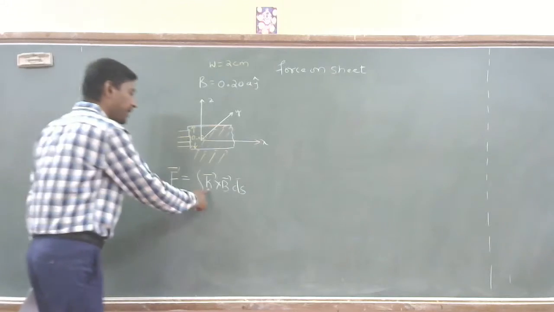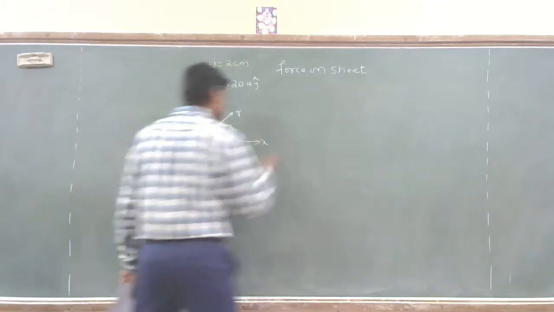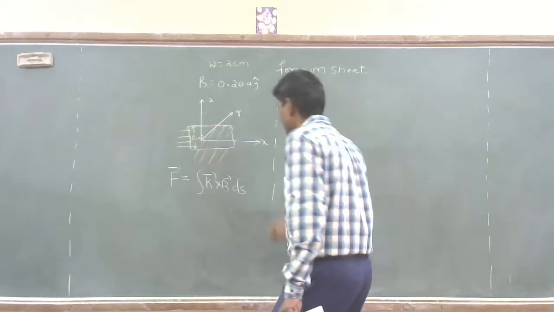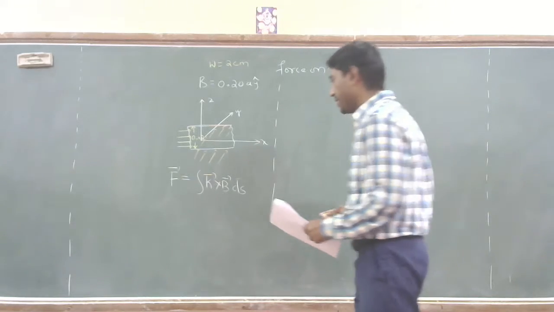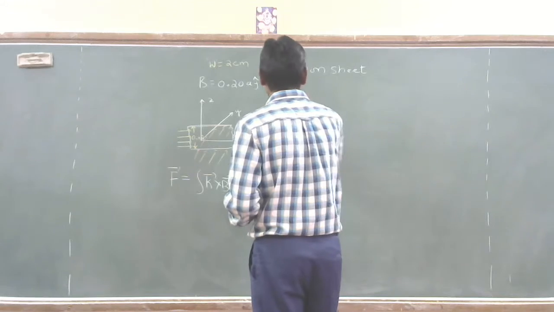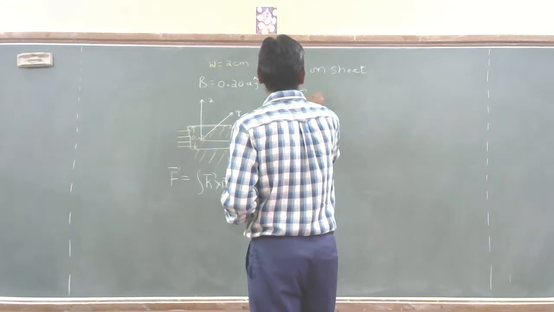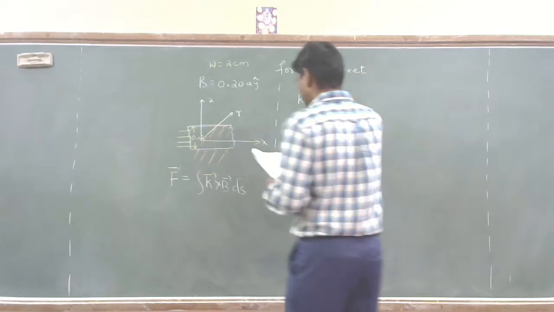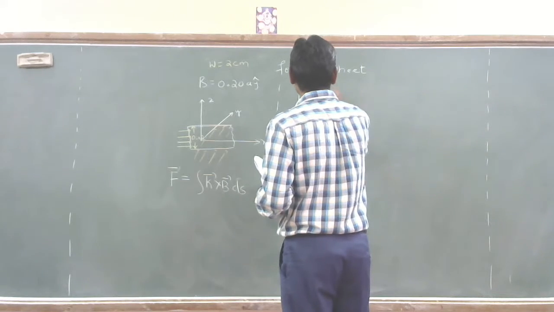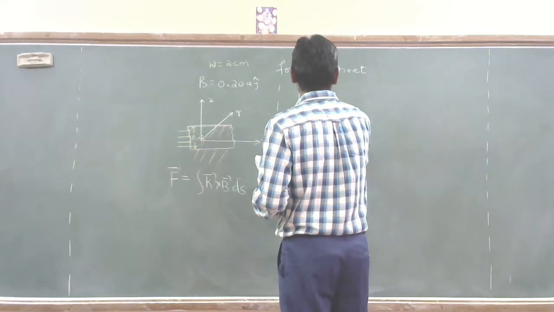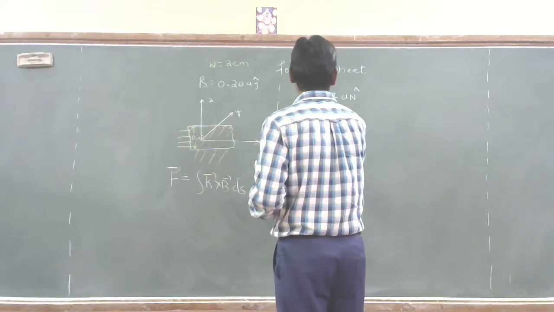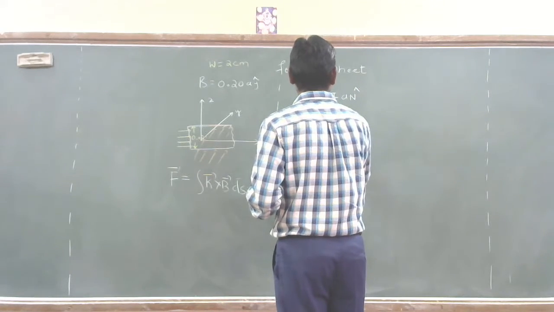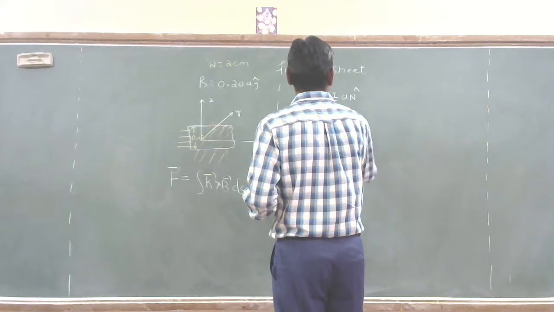Now, what is K? K is the surface current density, and we know that it is given by dI by dL an hat, or I can say it is I by dL an hat.